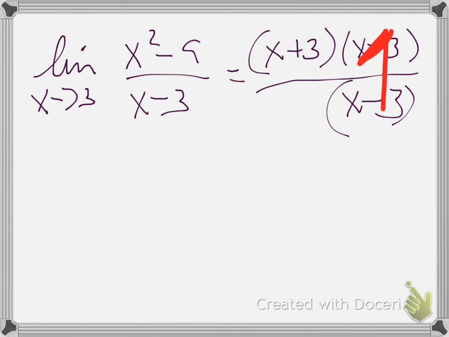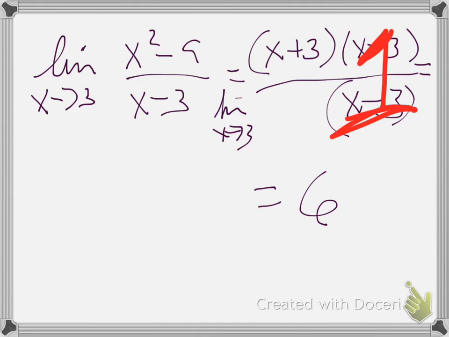And then if I let x approach 3, we see that equals 6. Now, if we think all the way back to pre-calc, we would realize that this was a hole because we can cancel that out, and the hole would be at (3, 6), and that's what the limit is equal to.